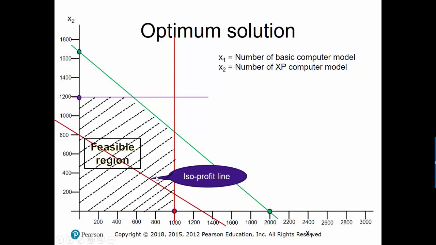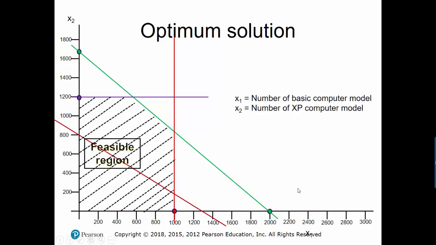Right now, all the points on this line that are feasible will give you the same profit that's represented by this ISO profit line. Now, keep increasing, and you see that this is the point where you get the maximum value for the ISO profit line, and you still have a feasible point left.